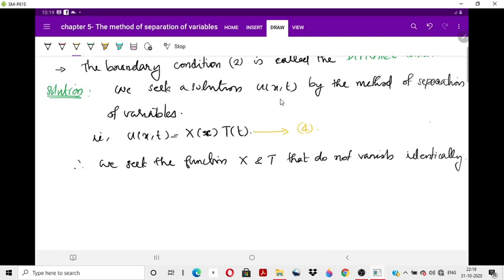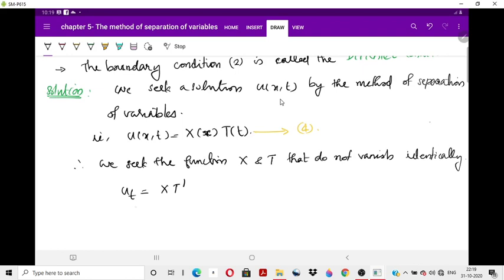Now differentiating equation 4 once with respect to t and twice with respect to x, we substitute these derivatives into the given PDE 1. So first of all we find u_t and u_xx. Differentiating with respect to t, we can consider X as a constant because it is a function of small x alone.